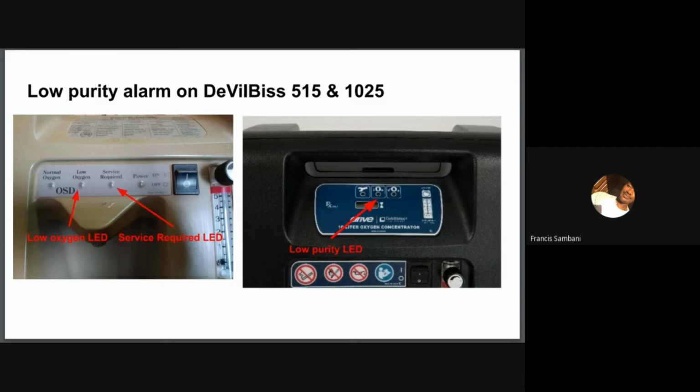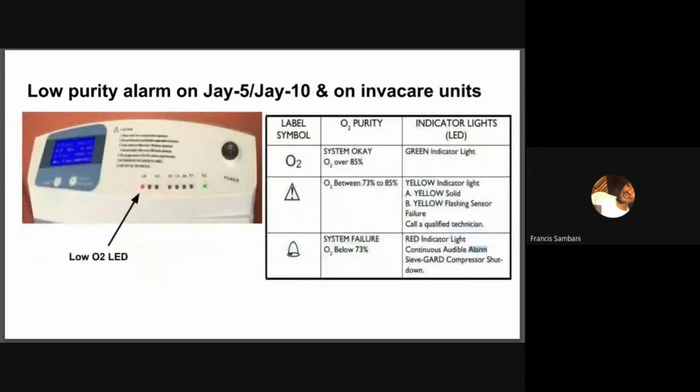So moving on and looking at the Longfian J5 or the J10, the oxygen concentration will rise to the normal level in 5 minutes of operation. The low purity alarm goes off when the oxygen purity is less than 85% plus or minus 3%.